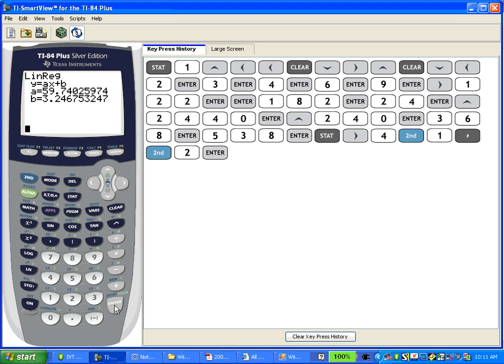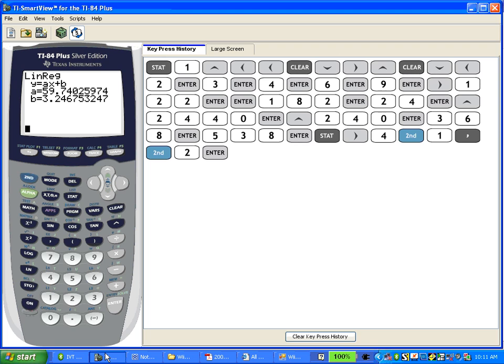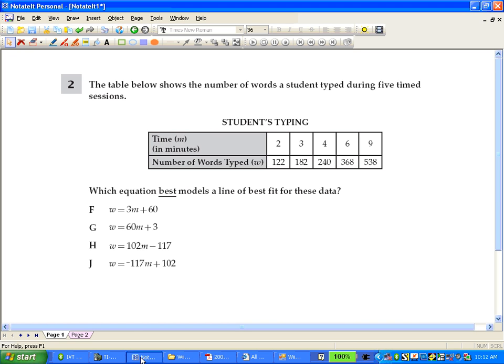Well, those numbers don't look familiar, but let's look and see what looks close. Well, I know that my a value, the one that goes next to x, is 59.7, which is 60. Alright? So right away I know the number that goes next to x, or my x variable, which is m in this case, has got to be 60.